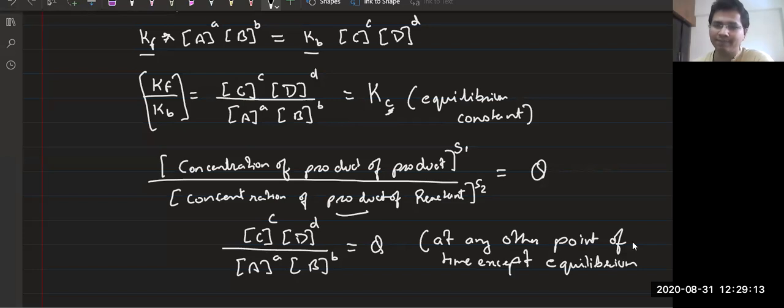Got it, everyone? Kc is only at equilibrium. But if you want to calculate this ratio at any other point, it is called Q, which is the reaction quotient. I'm horrible at spellings, by the way, so please pardon me, and if I'm writing a wrong spelling, just let me know.